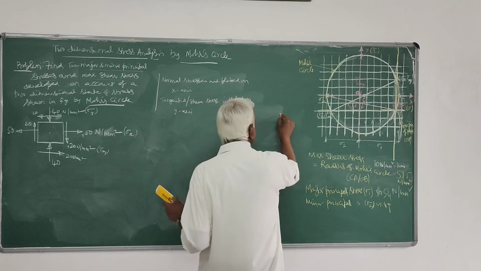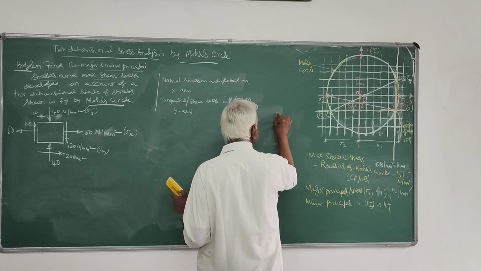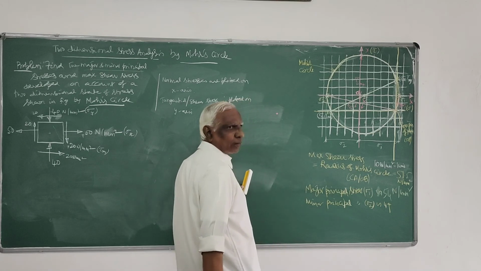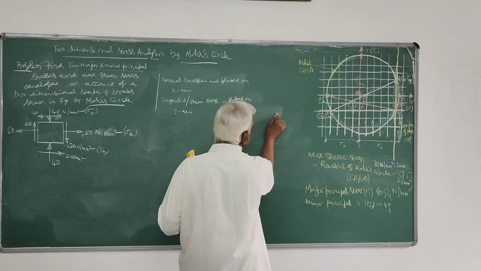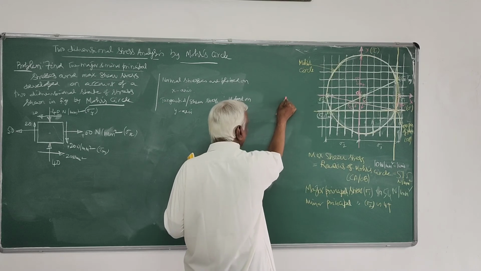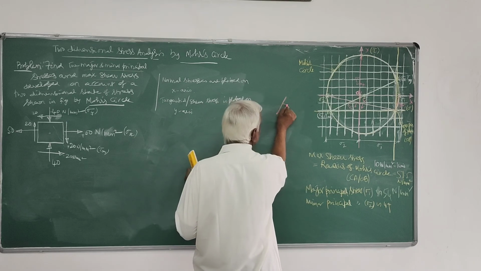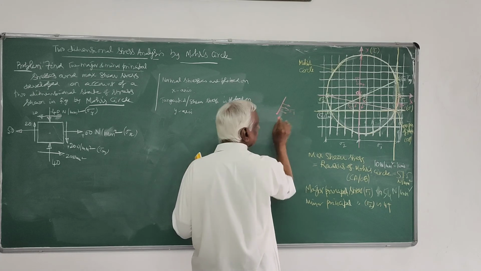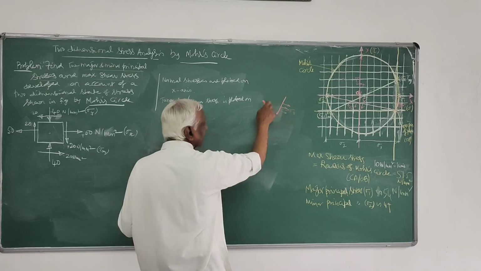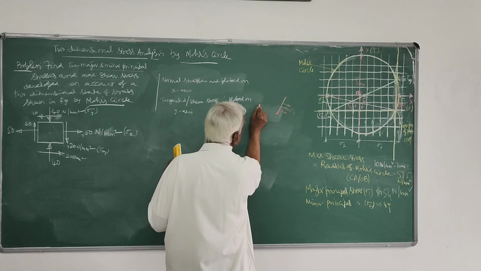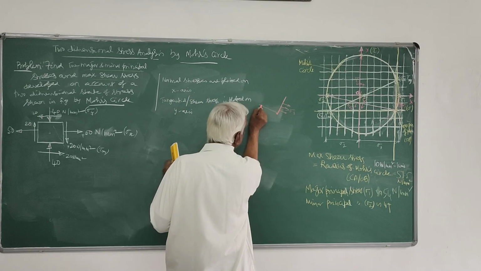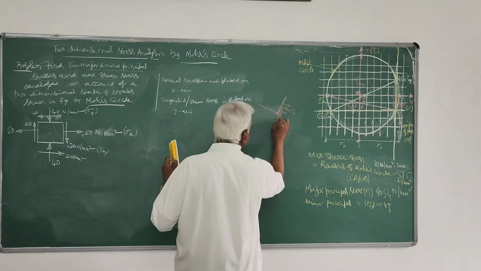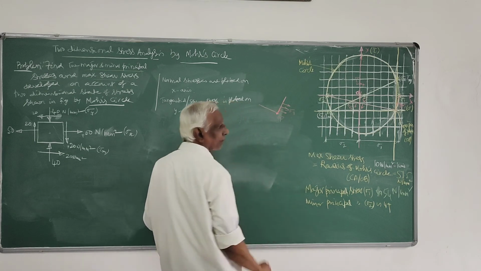If you want, you can plot it separately. This is the origin of plane. You draw a line parallel to that outside. This is the major principal plane, and that is the major principal stress. You draw another line parallel to that. This is the origin of plane, OP.